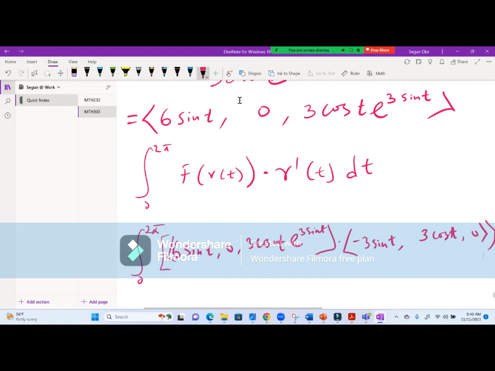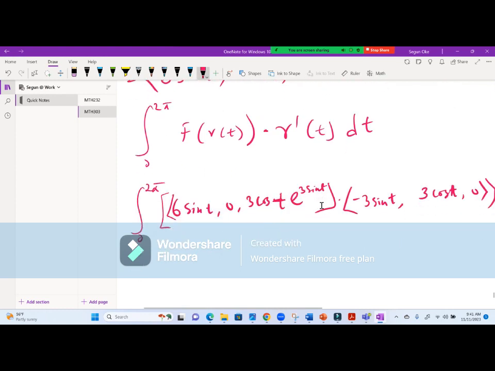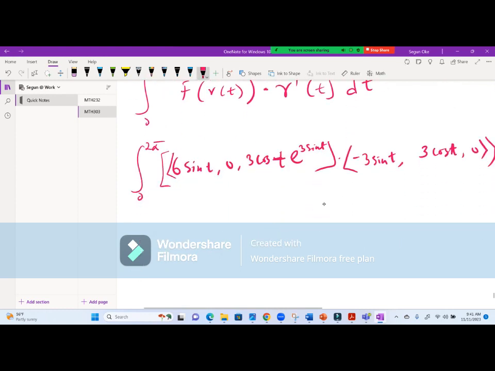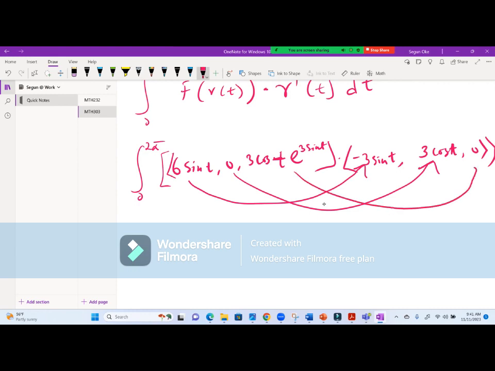Now we can bring them together like you said. Let's match them together, component by component. Component this with this, component this with this, then component this with this, everything dt.